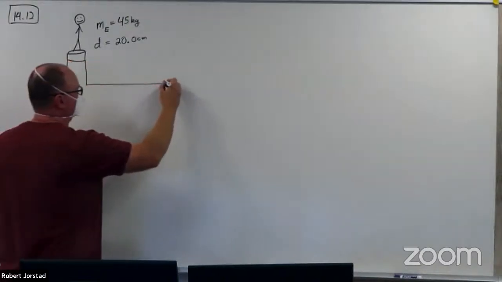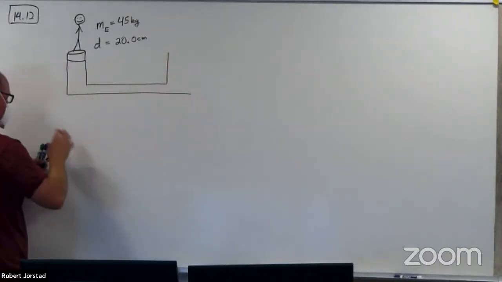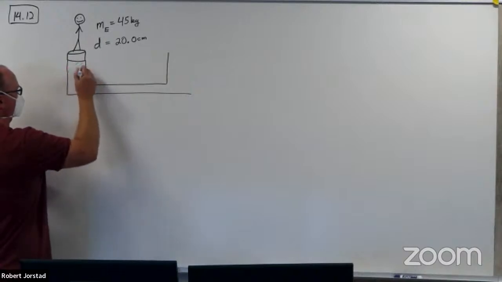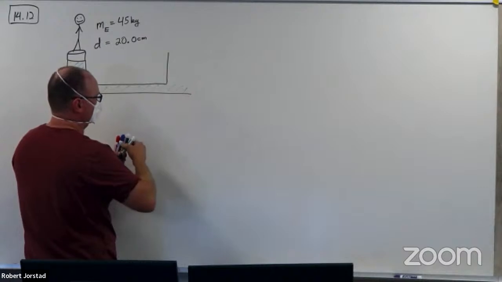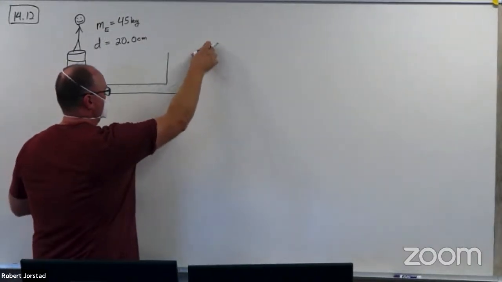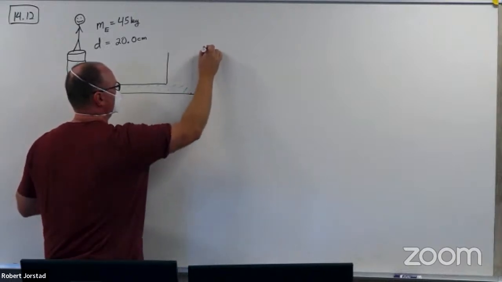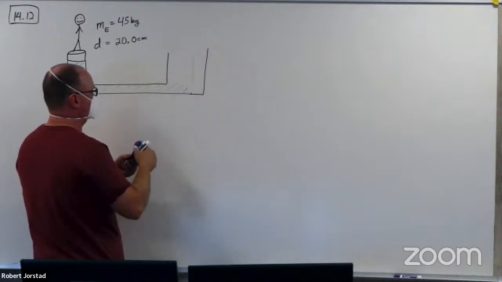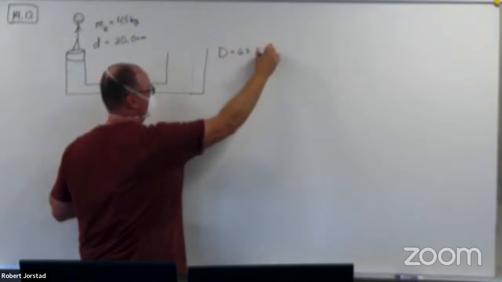Then there's a fluid-filled chamber. So if we use the same color as our hydraulic press a second ago, and this one's a little bit bigger, I think. The large diameter piston was what, 63.2 centimeters?